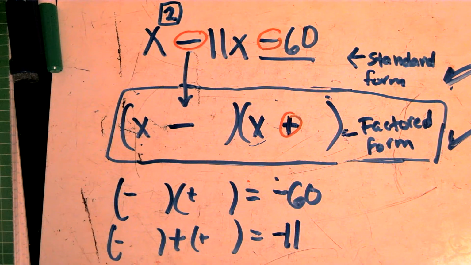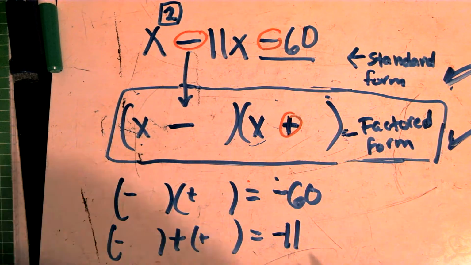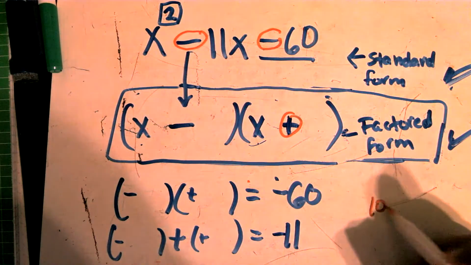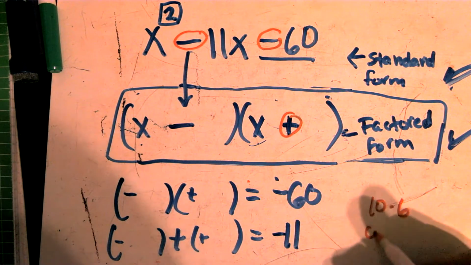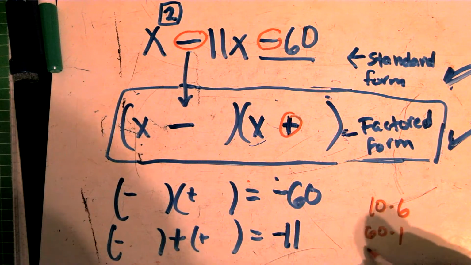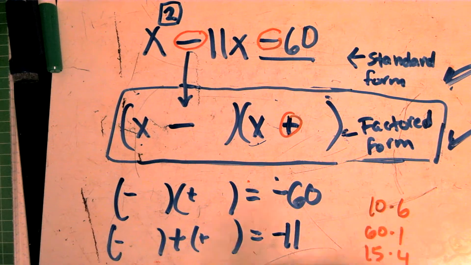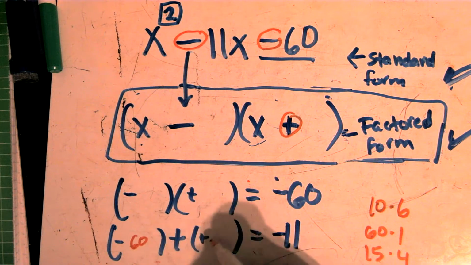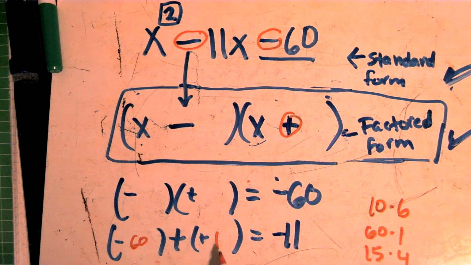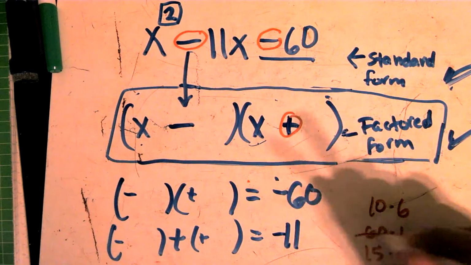60 has a lot of numbers. There is, for example, 10 times 6, 60 times 1, 15 times 4. Okay, that's a negative being added to a positive, so I know right away this can't be it, because if I put that negative 60 plus 1, it's going to be negative 59, which is nowhere near negative 11.